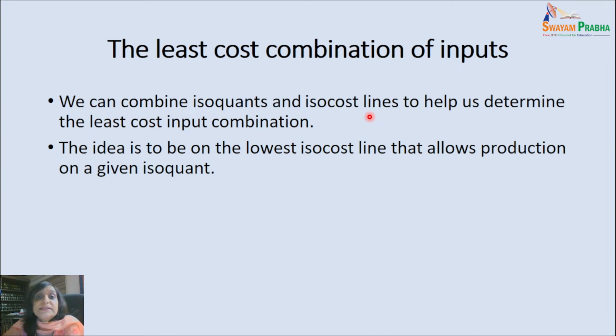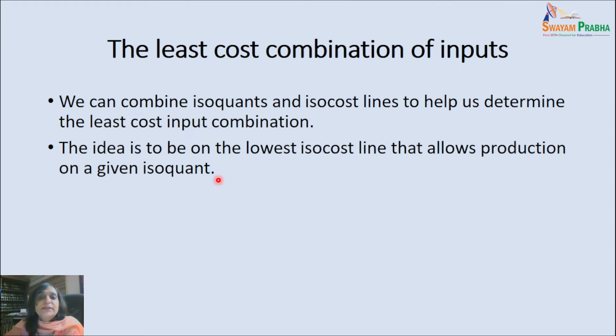Okay, now what is the idea behind it? The idea is to find the lowest isocost line that allows production on a given isoquant. That is, I know this is what I wish to produce. This is the number of units I wish to produce. I need to produce Q1 amount of total output. Now, to produce that Q1, what should be the least cost combination of inputs?